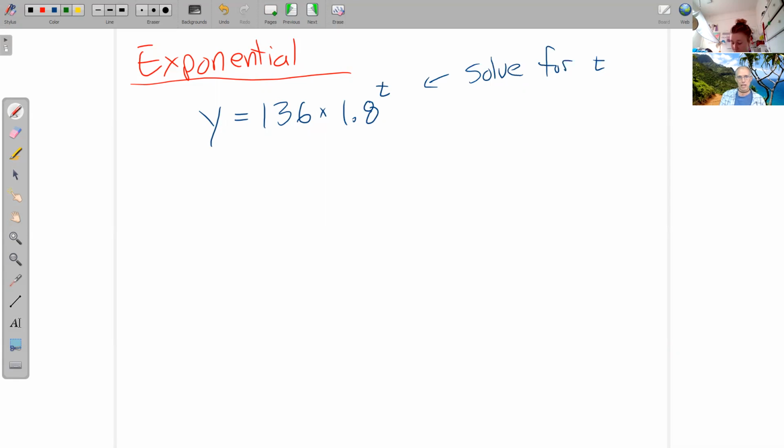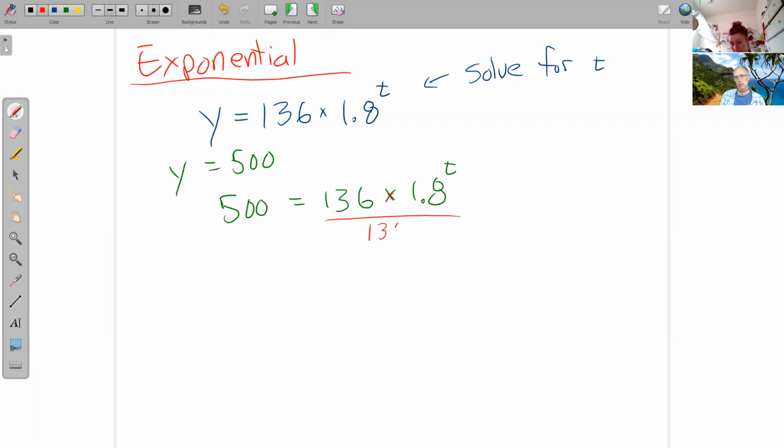So let's suppose, again, I said, hey, y is 500, solve for t. Okay, well, I'd write 500 equals 136 times 1.8 to the power t, and then I would, in this case, break that multiplication by dividing. And then I could ask my calculator what's 500 over 136, or I could leave it like that. Fractions are nice. On this side here, a number divided by itself is 1. 1 times anything is itself.